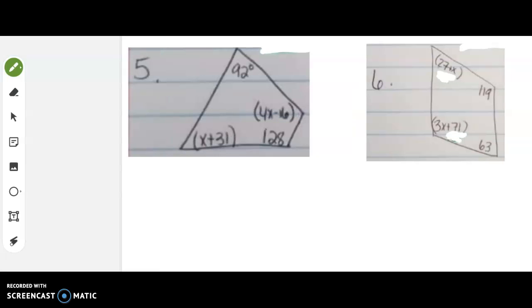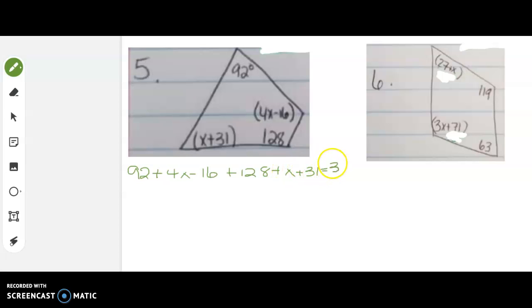Okay, number 5, we still have a quadrilateral, which means we still have a sum of 360 degrees. I'm going to add all the angles together, so now I have 92 plus 4x minus 16 plus 128 plus x plus 31.